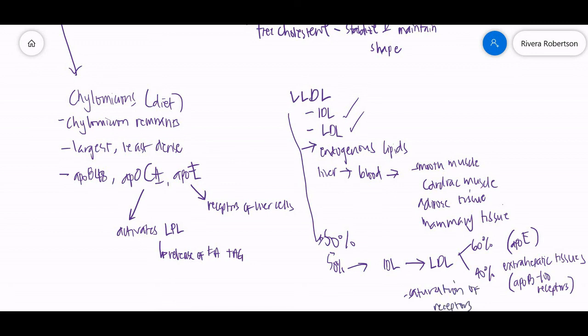So, kung ano man yung hindi na kayang kabitan ng receptor, yung mga excess mo na LDL, they are taken up by your macrophages. The uptake of macrophages ng LDL is non-specific. And this one is the explanation or ng pathogenesis ng atherosclerosis.